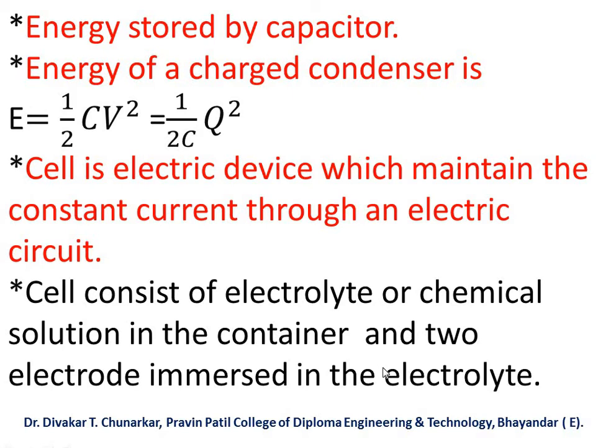Suppose we consider one container, and in that container we use a chemical solution or salt. Then the electrodes, such as glass electrode or electrolyte electrode, are dipped in that solution. Keep in your mind.